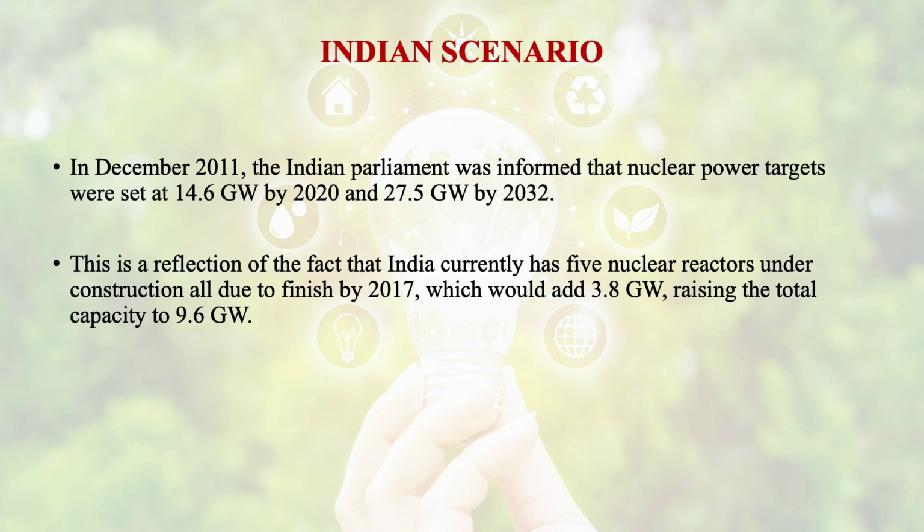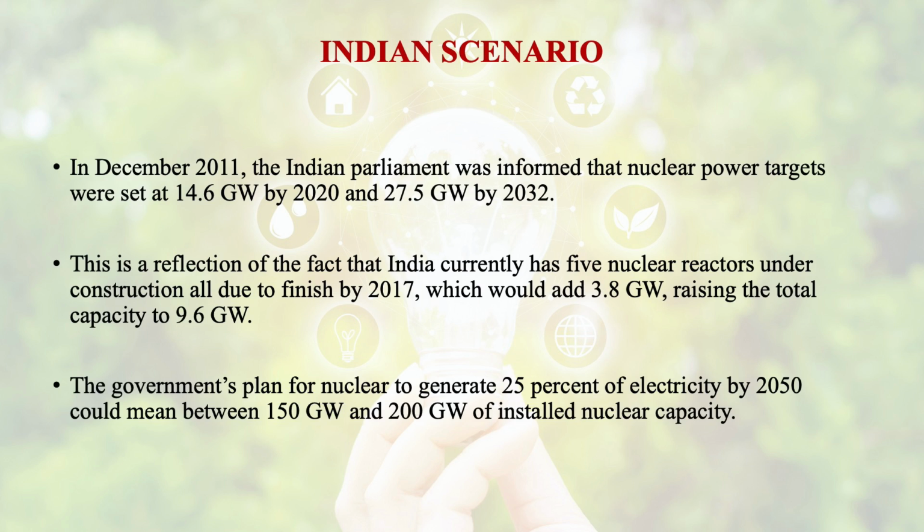This is a reflection of the fact that India currently has 5 nuclear reactors under construction, all due to finish by 2017, which would add 3.8 gigawatts, raising the total capacity to 9.6 gigawatts.